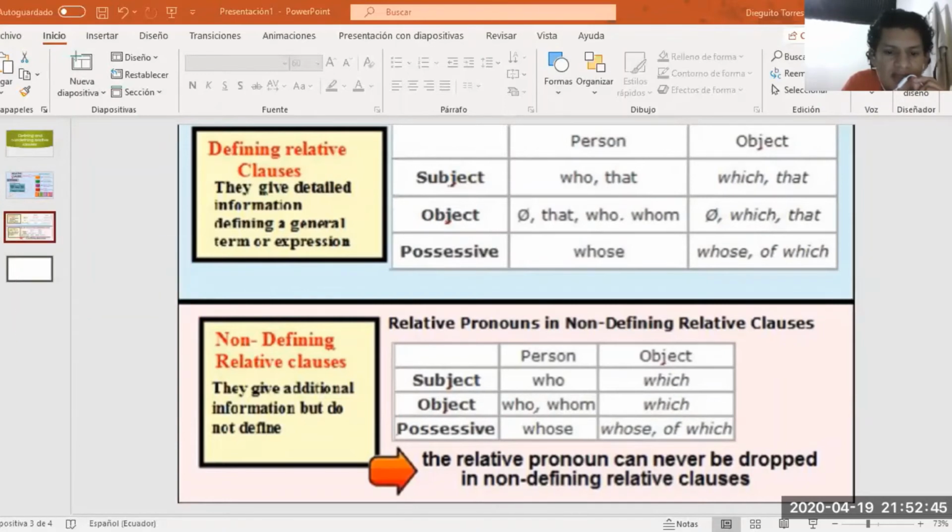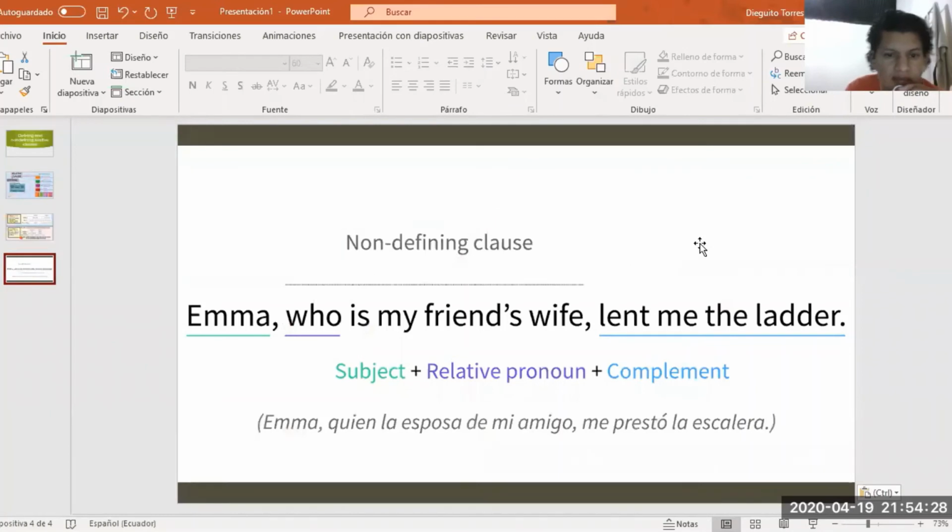Okay, so I have another example for you. Okay, I'm going to put over here my next one. So I have here an example with a non-defining clause.